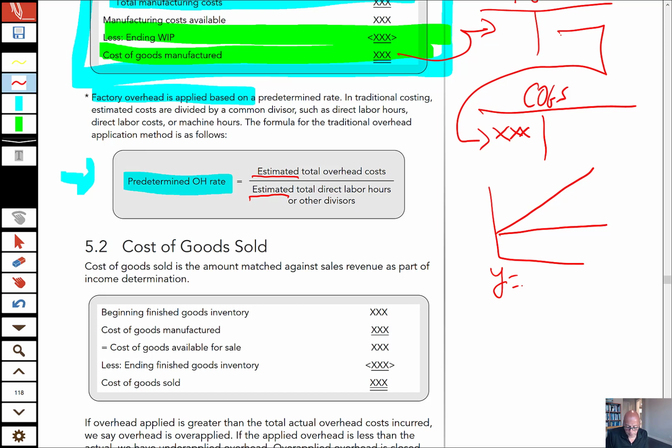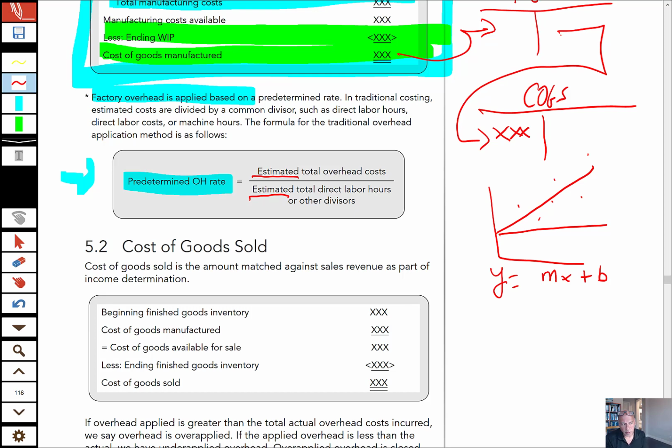Regression analysis uses different letters for the variables, but it ends up being represented by something like this: y equals mx plus b. It'll literally tell you a formula, using regression analysis in Excel, for predicting your overhead costs. Now look, not everything fits perfectly on here, but that's what regression analysis does, is fit a line to that and tell you the relationship.